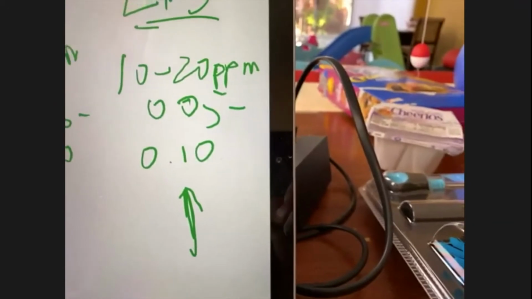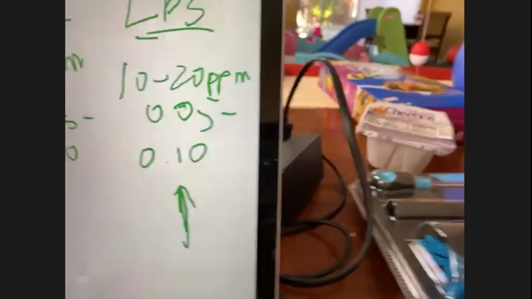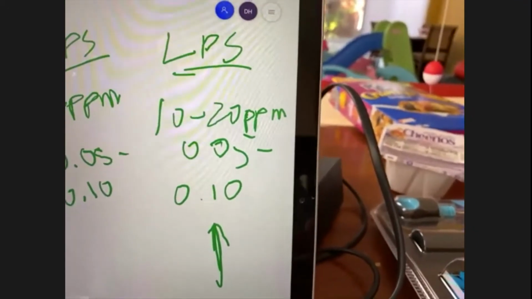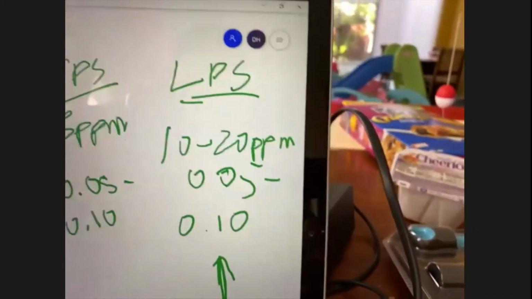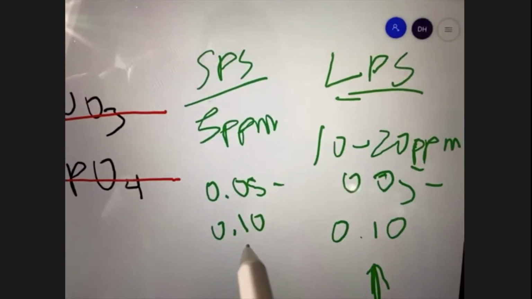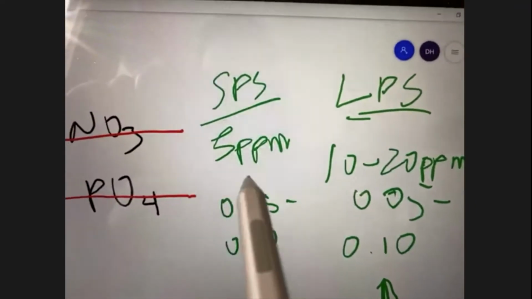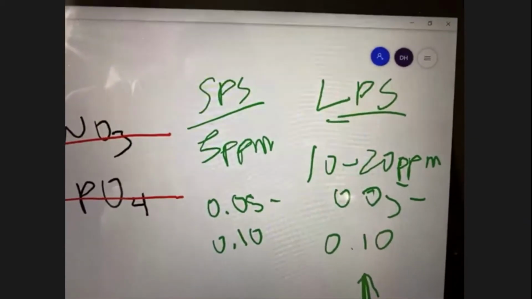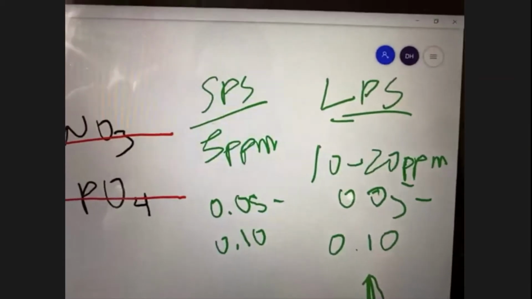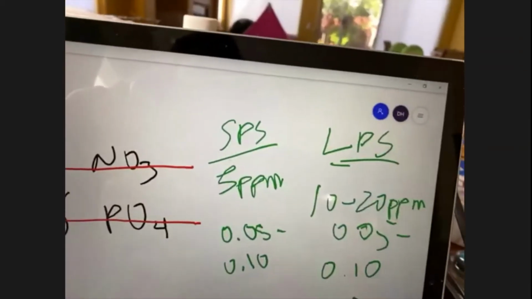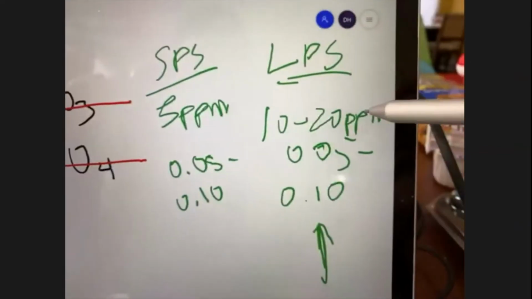If you have high phosphate, you'll get algae, brown algae, hair algae. On the SPS side, if your phosphate or your nitrate gets too high, you'll start getting green SPS or brown SPS. There's too much nutrient in the system. So why is phosphate not 0?